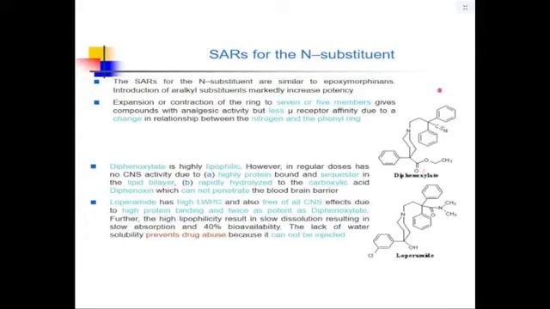At position number 1, you can see you have a very huge substituent. This huge substituent increases the lipid solubility, the lipophilicity of this molecule. Of course, there is balancing: you can see here a very small polar group to balance the water solubility, so that at least the drug can go into solution for purposes of absorption.